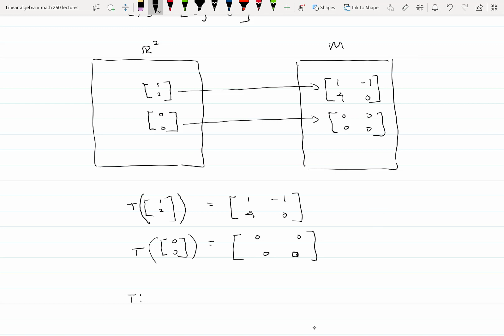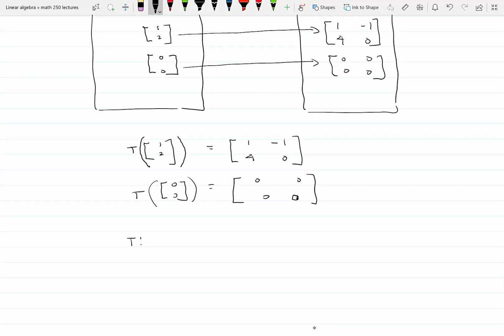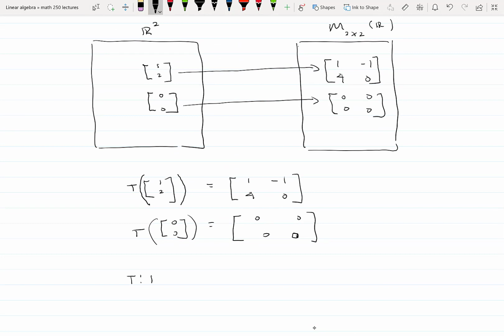Elements from the set of all 2 by 2 matrices with real entries. So the transformation is taking elements of R2 and turning them into elements of M 2 by 2 R. Okay.